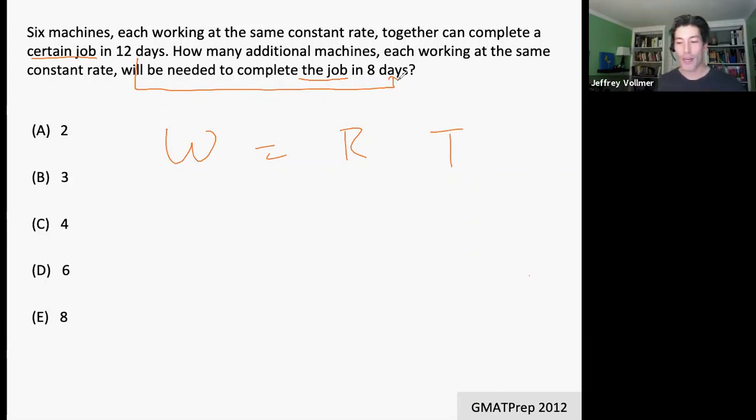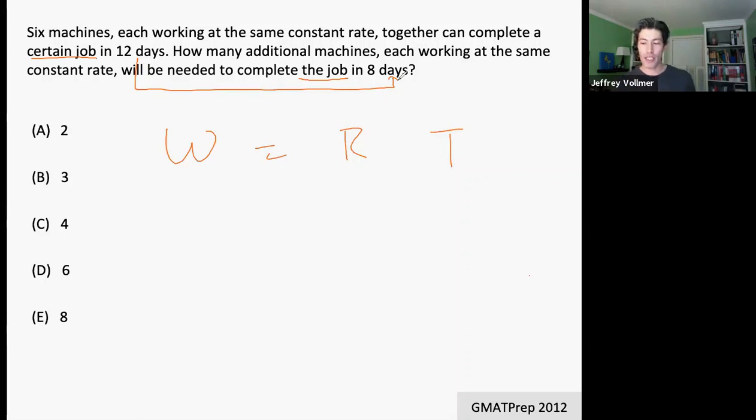All right, so I've got a question here. Why doesn't this logic hold? 12 days to 8 days. Ah, that's 25% faster. Hence, you need 25% more machines. So 1.25, 25% more, times 6 gives you 7.5. There's a couple things I think are a little incorrect about that.